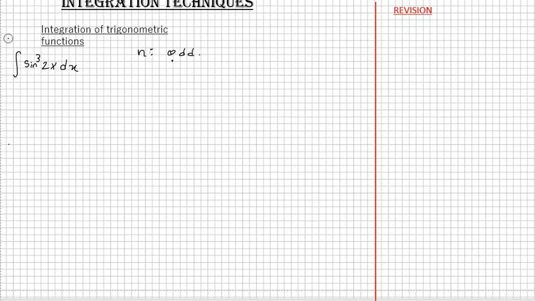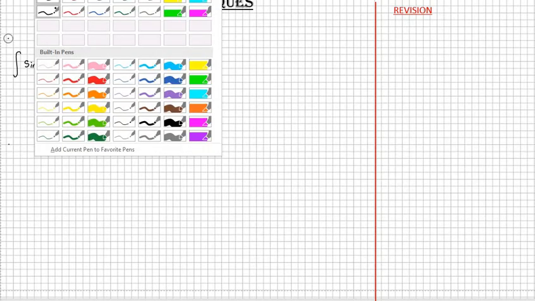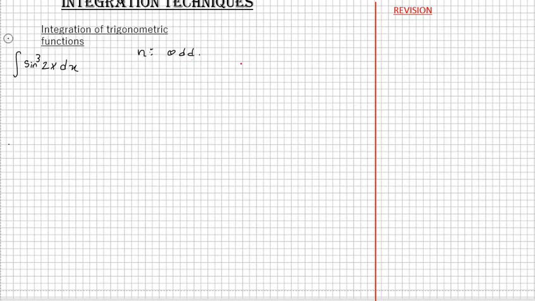If n is odd, you just need to write your function in such a way as to visualize the exponent 2. In other words, you need to write the function in terms of sine to the power of 2x.